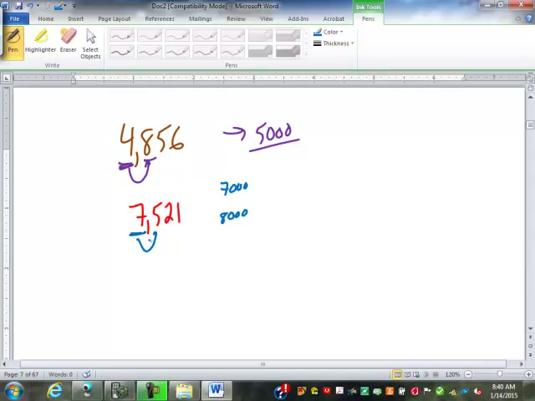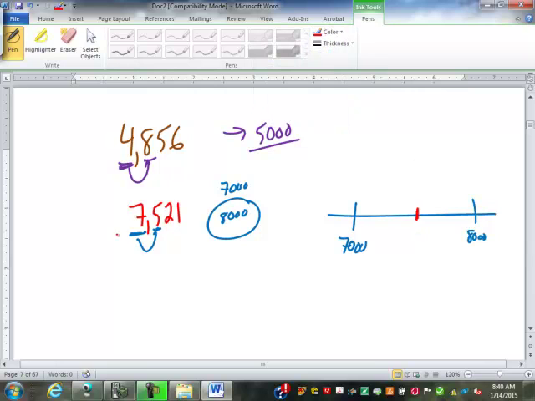Well, what do we do with it? We still round it up. We were always taught to round the 5s up. There's a couple of reasons for that. One is you've got to round them some way. And 2, if you look at that, 7,521, this was 7,000 and this is 8,000.